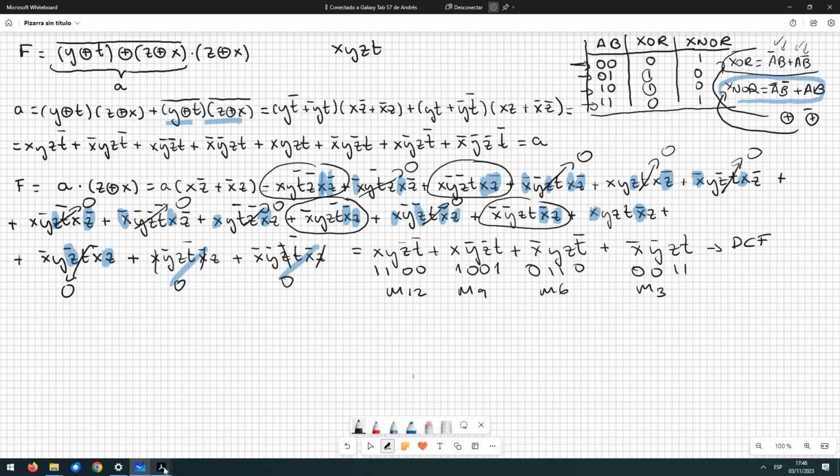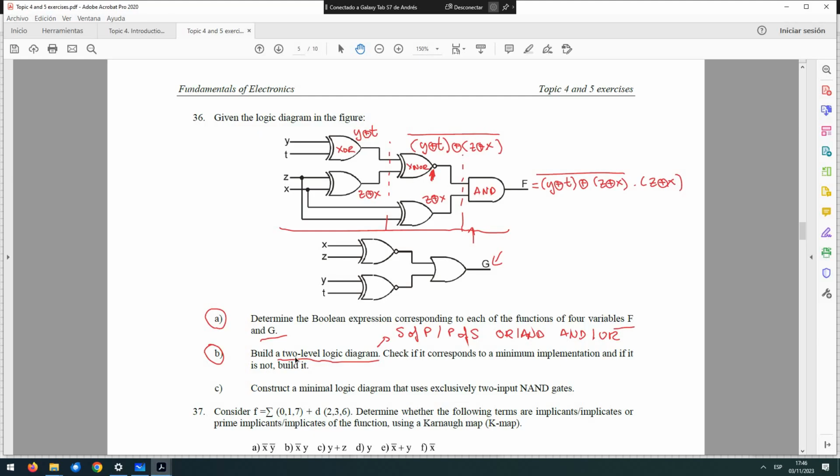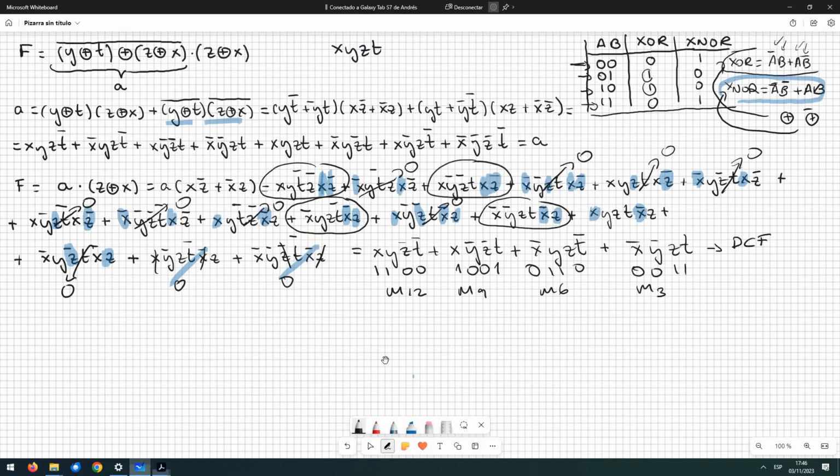So if we remember, the exercise asks if this is the minimum implementation. We have a sum of products, but we don't know if it's the minimum representation yet. So we are going to create the Karnaugh map. For example, here.